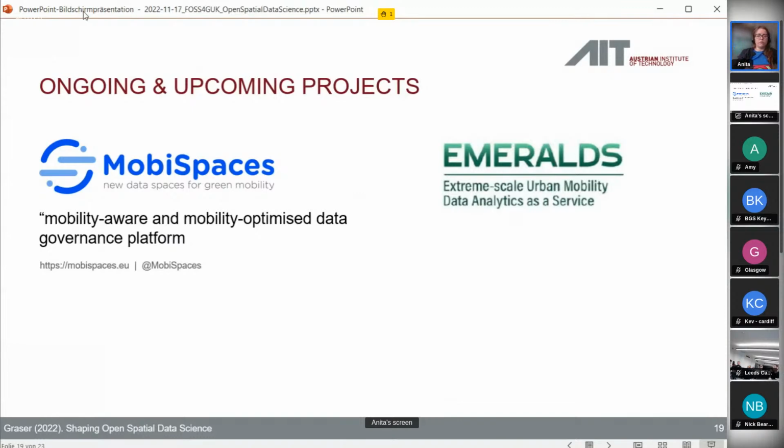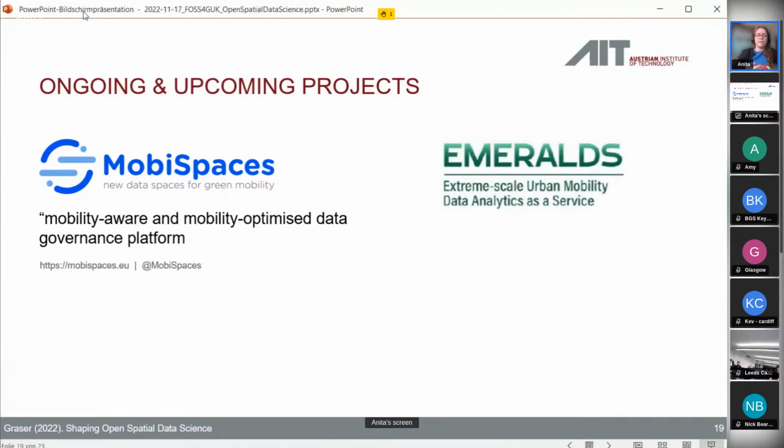Right now, I'm personally involved in two projects that try to solve this challenge for the mobility data domain. One of them has already started. It's called MobiSpaces. You can find it under MobiSpaces EU and at the Twitter handle MobiSpaces.